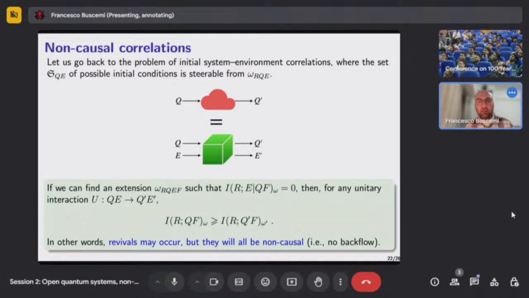You will always be able to find a non-causal explanation for the revival, right?